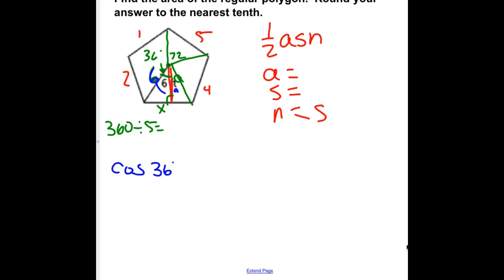So I go cosine of 36 equals the adjacent a over the hypotenuse 6, and we can solve that. Let's set up though to find that x too. Well, x is then opposite, and I have the hypotenuse 6, so that sounds like sine. I go sine 36 equals the opposite x over the hypotenuse 6. Now I can solve both of these to get x and my apothem.